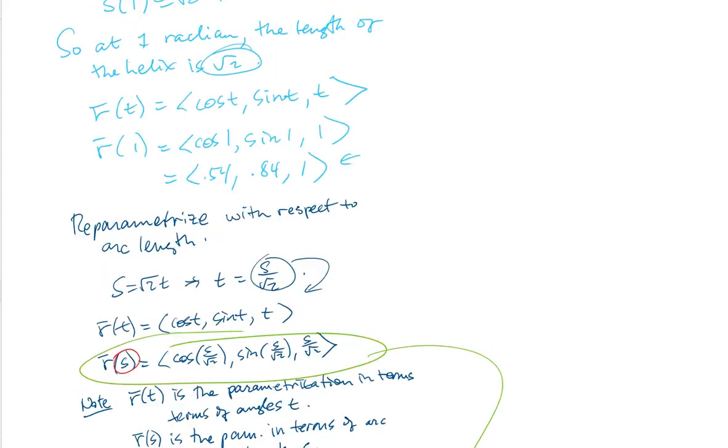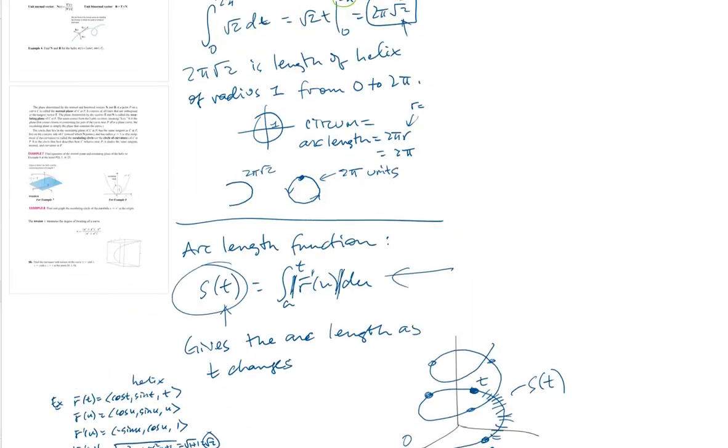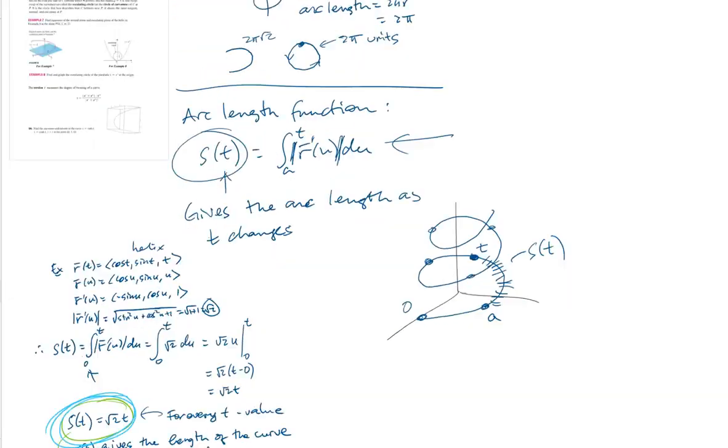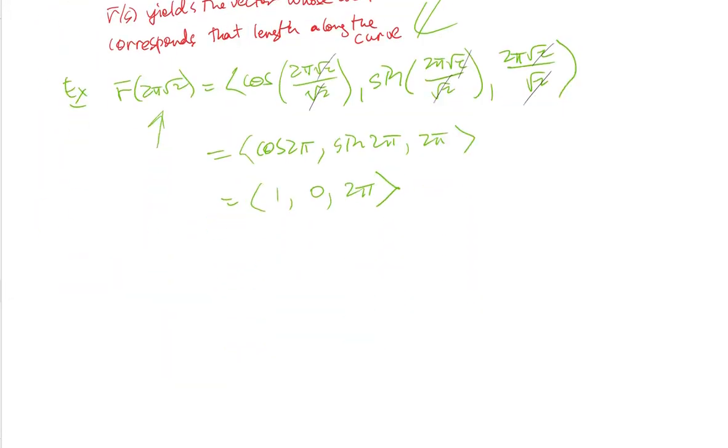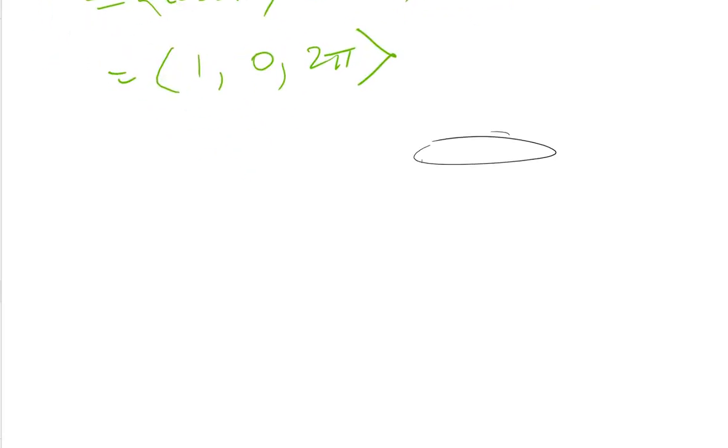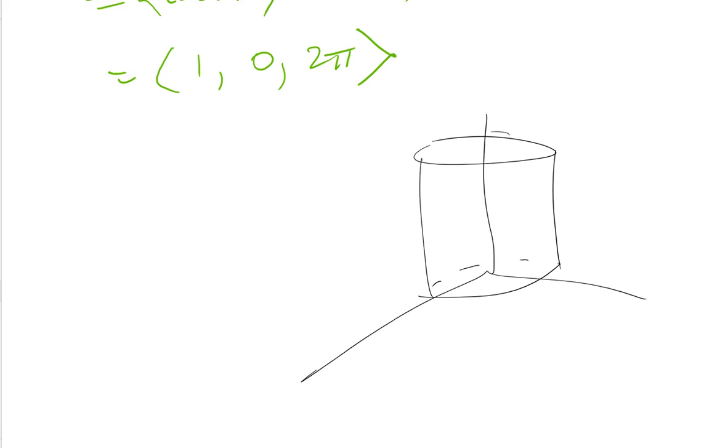1, 0, 2 pi is, let's see where that's at. When you draw your helix and go up around the circle once, now you're right above the originating piece.